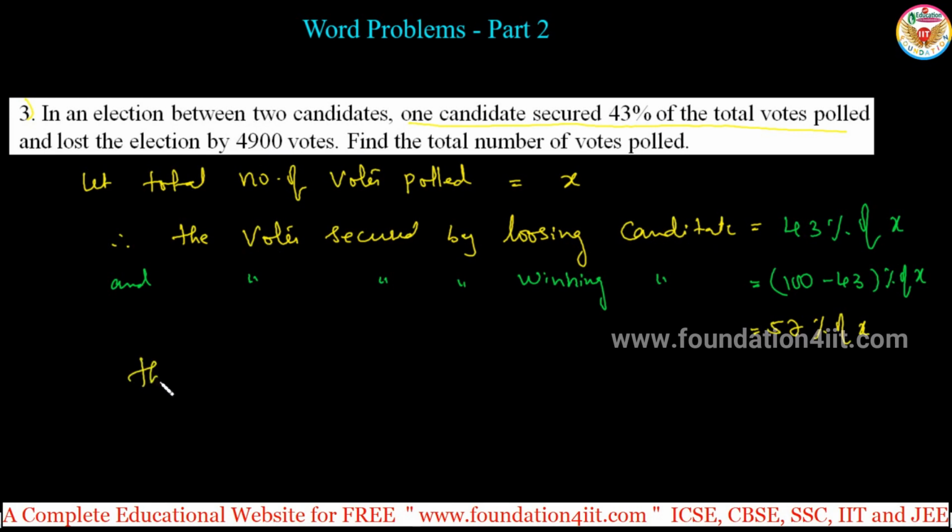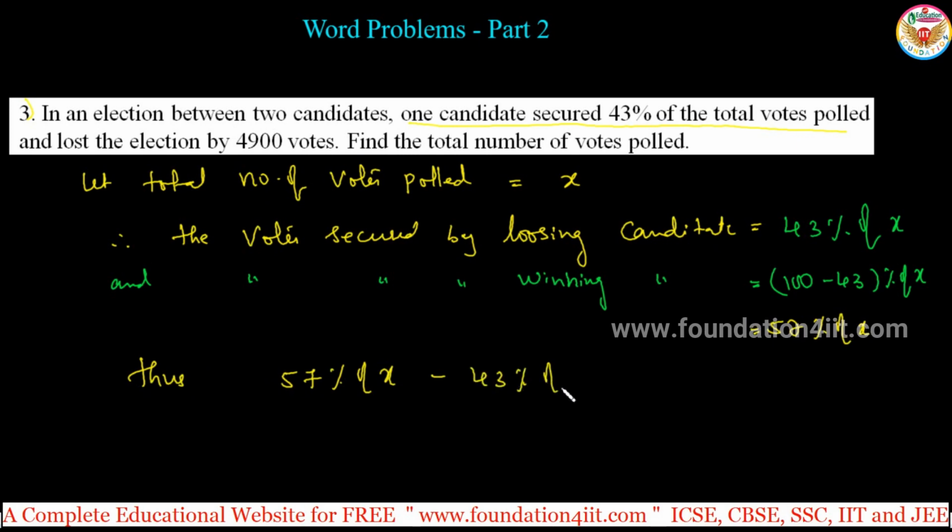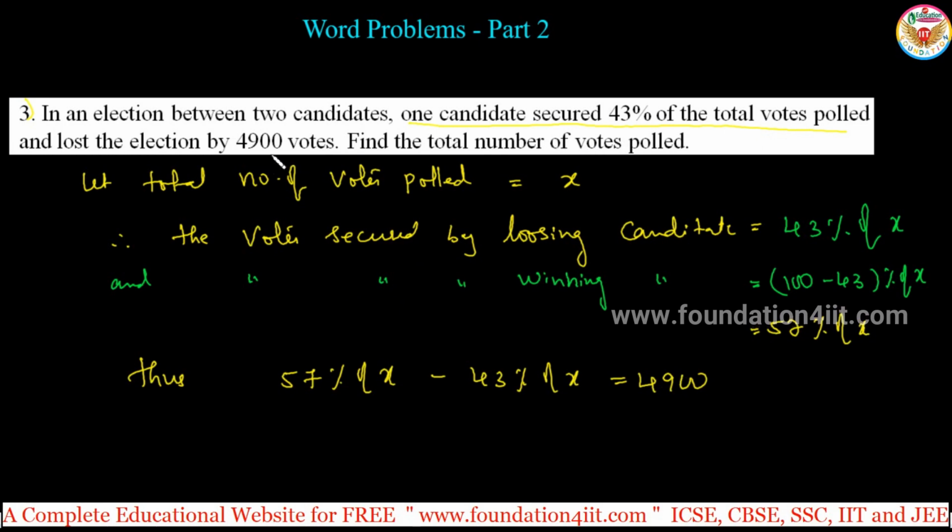So that means 57% of X minus 43% of X is equal to 4,900. You should know this stuff clearly first. He lost the election by 4,900, that means winning minus losing. The difference between the two candidates' votes is 4,900.